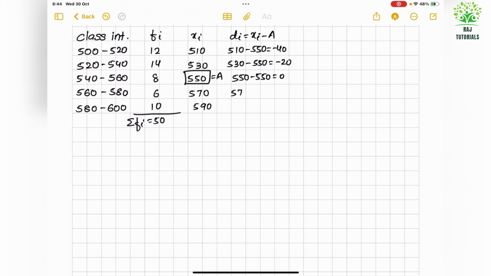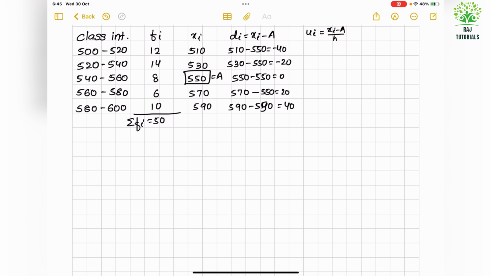Then 570 minus 550, so that will be 20, and 590 minus 550 will be 40. Now, the next step is ui, that is either I can say xi minus a upon h, or I can say di upon h.